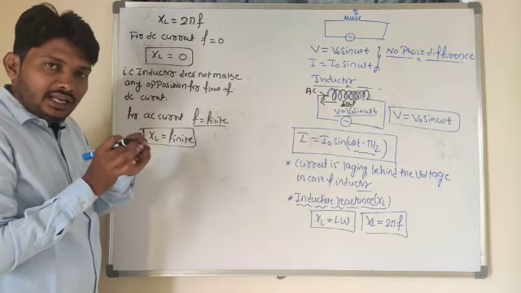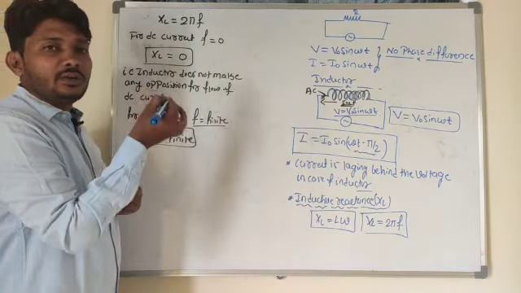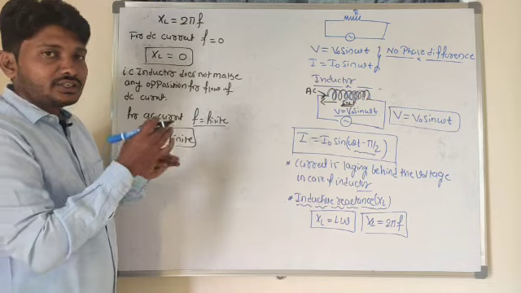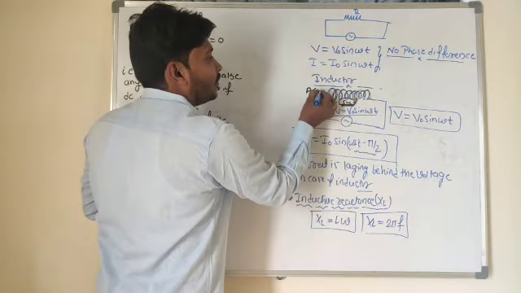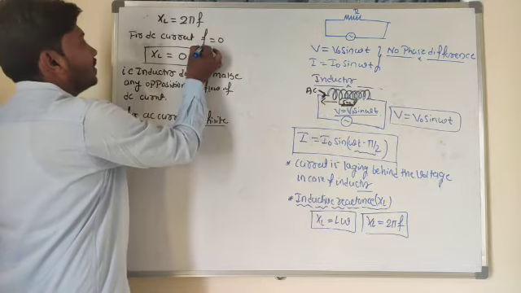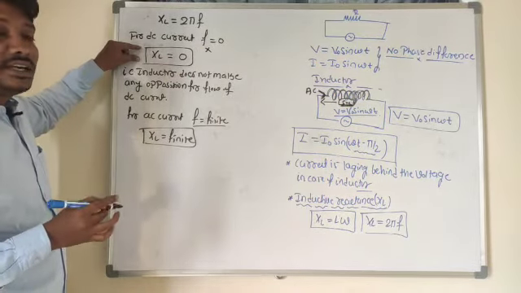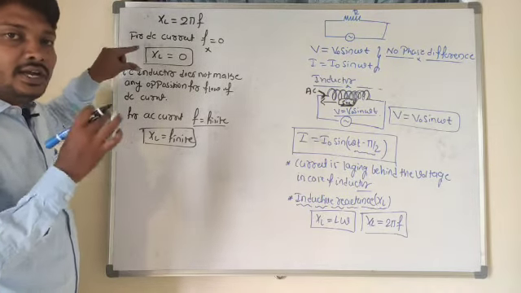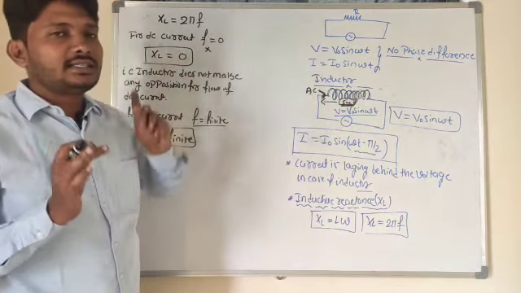When alternating current tries to pass through the inductor, the inductor makes a certain opposition. So EMF is induced in the inductor only for AC current but not for DC current, because for DC current there is no opposition, so there is no EMF. EMF is induced in the inductor only for AC current.